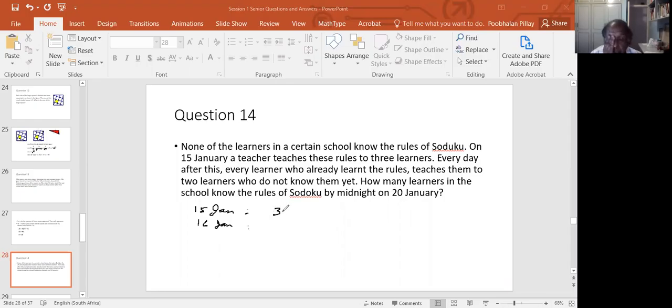They taught the game to 2 new people. So now you've got those 3. The new people are 6, right? So then 6 new people know it on the 16th of January, right?